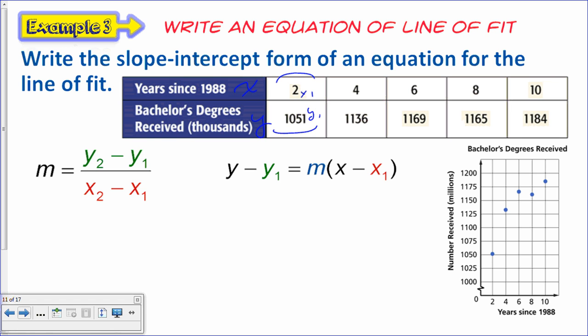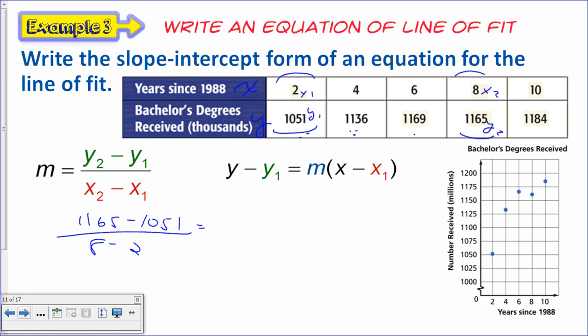So again, if I want to write an equation, I need to pick a couple points to do my slope. What could I use? I like to go either at the beginning and then somewhere right in here. Make that X2 and Y2. Like these two right here. You can even do the one at the end and the one in the front. Okay, so I've got 1165 minus 1051 over 8 minus 2.